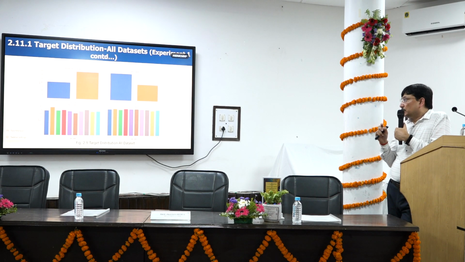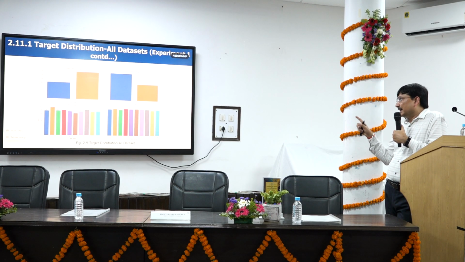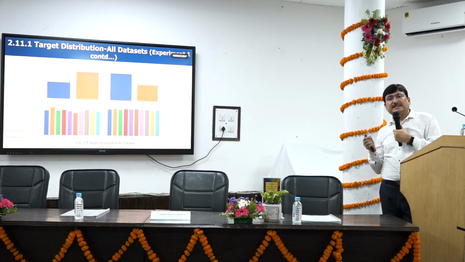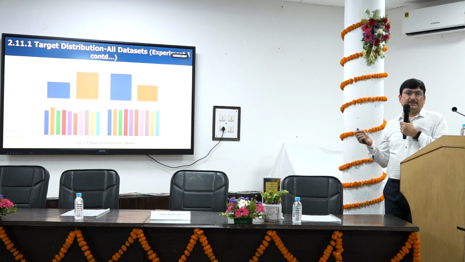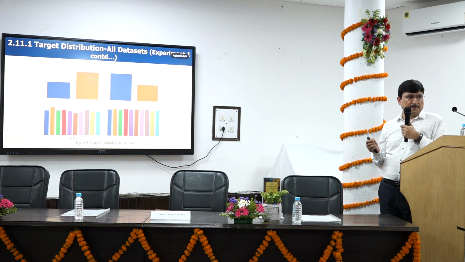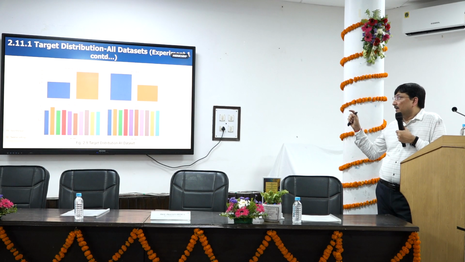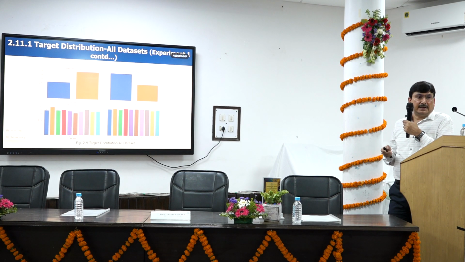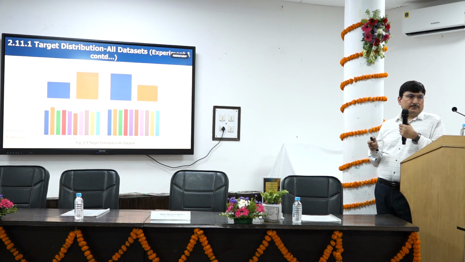So accordingly, 9 bars will be there, telling that a particular number has such a count. That is represented here as the target distribution. There is a specific function in Python programming: after loading the data set using pandas, you write code for this target distribution, and the outcome will be generated. If you require the code, I will supply it.